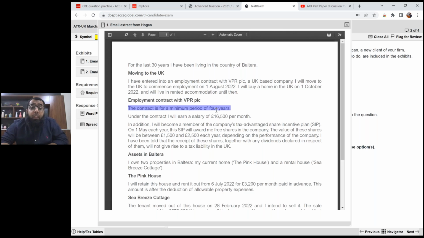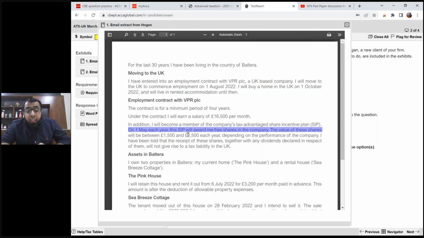The contract is for a minimum period of 4 years. Under the contract, I will earn a salary of £16,500 per month. In addition, I will become a member of the company's tax-advantaged share incentive plan. On 1st May each year, this share incentive plan will award me free shares in the company.